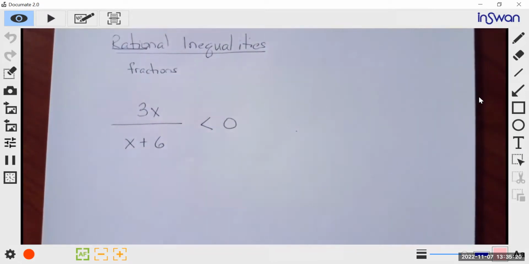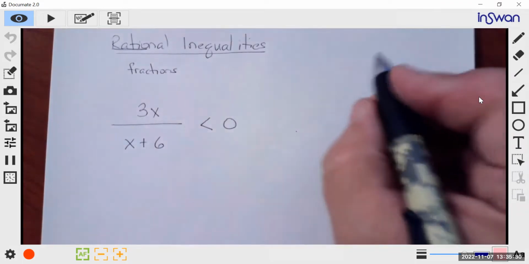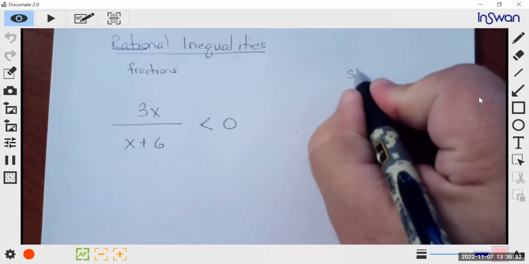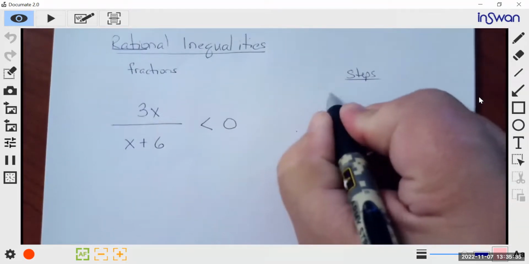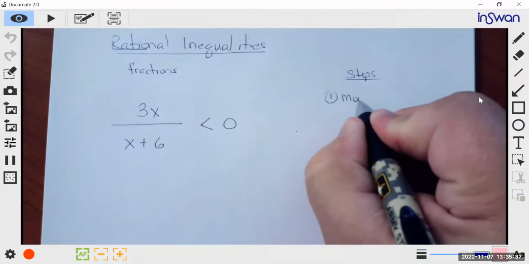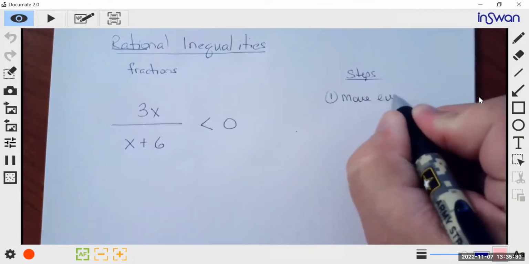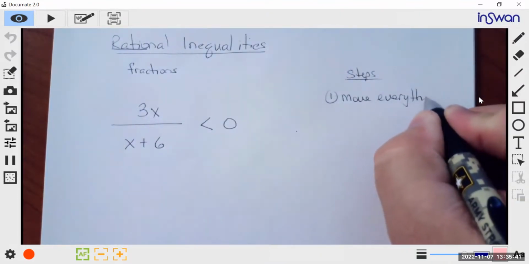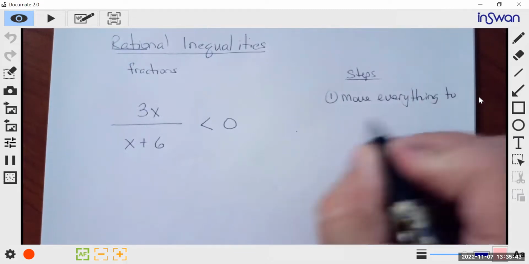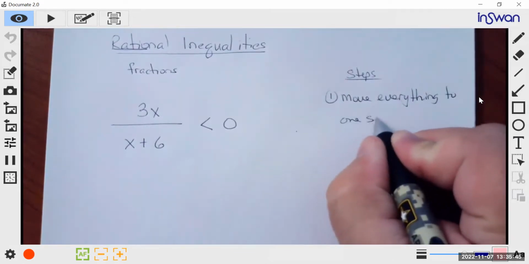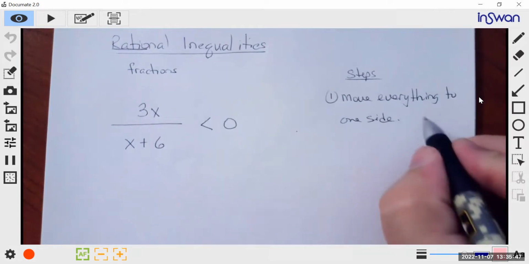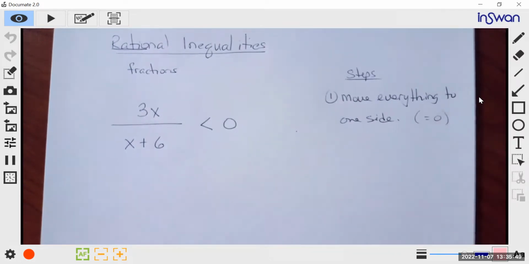Same with the polynomials, you have to have 0 on one side, everything else moved over to one side. Move everything to one side. In other words, set equal to 0.